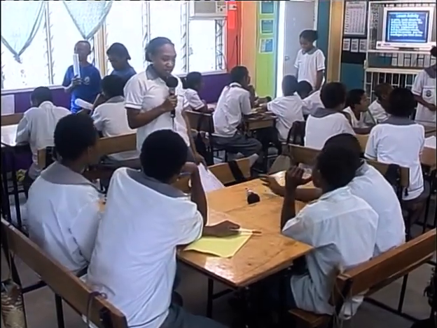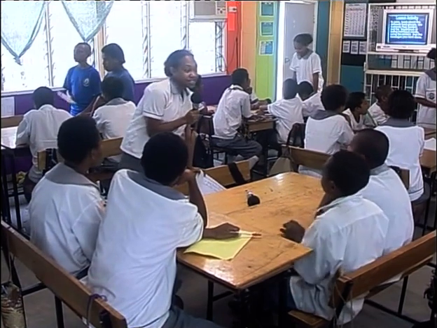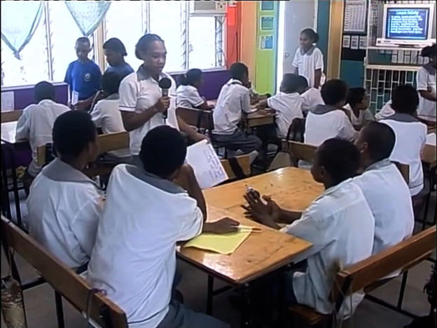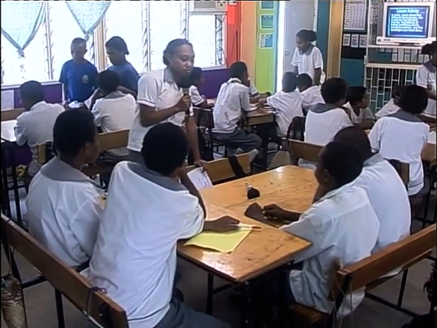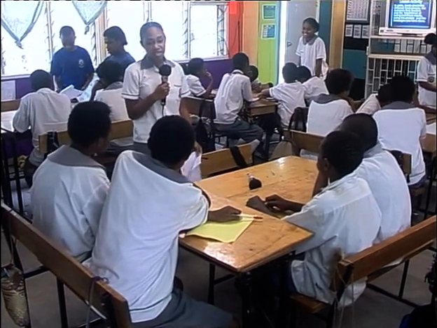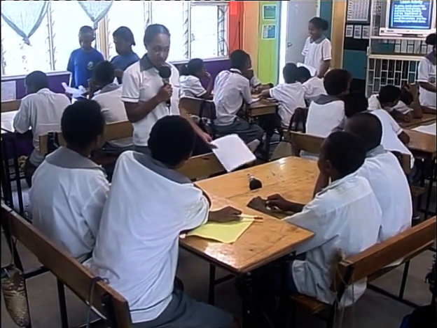I'll be talking to you guys about nutritious meals and also the 5 food groups. My friend's holding on to the copy, so I'll be talking to you guys about nutritious meals and asking questions about the 5 food groups.